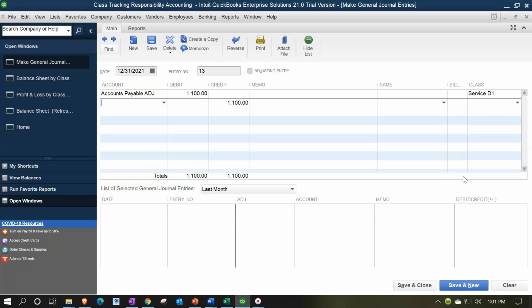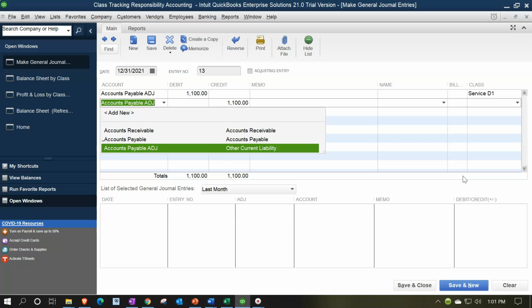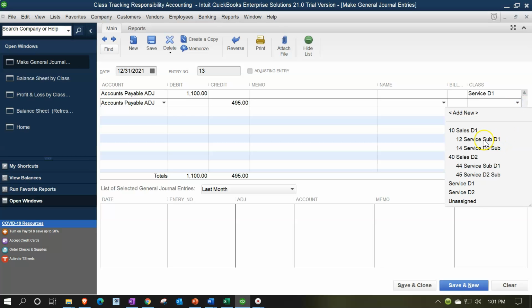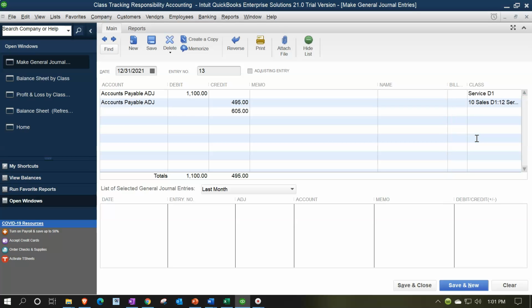And then the other side, I'm going to do the same thing. Accounts payable, adjusting entry. This is going to be the 1,100 times the 0.45. And then this is going to go to the service under D1, service 1.